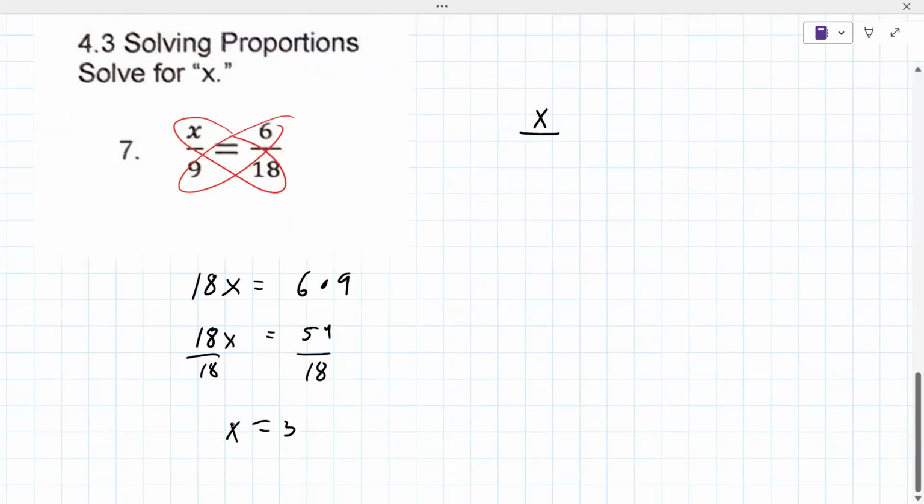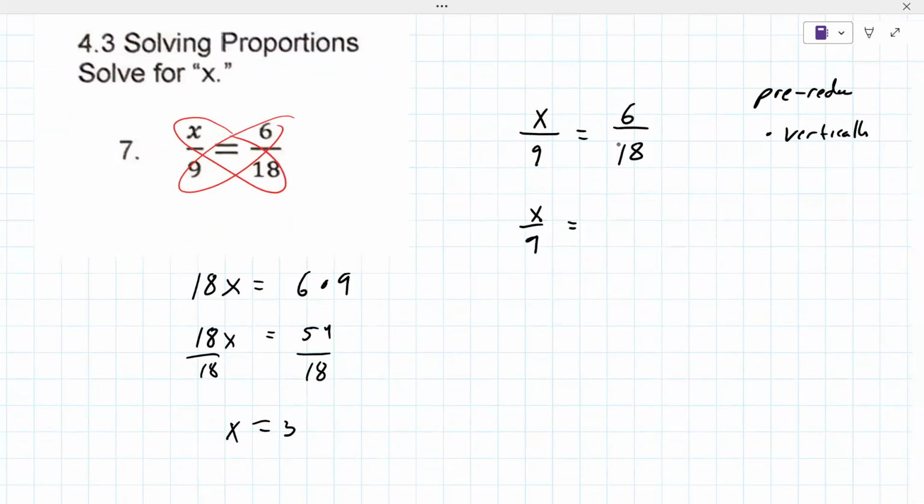Now, do you want me to show you the better way, the faster way, or not? Sure. So if you can, you pre-reduce. You can pre-reduce vertically. That's the first thing. Can you reduce this fraction on the right? To 3/9, okay, and then that reduces to 1/3.